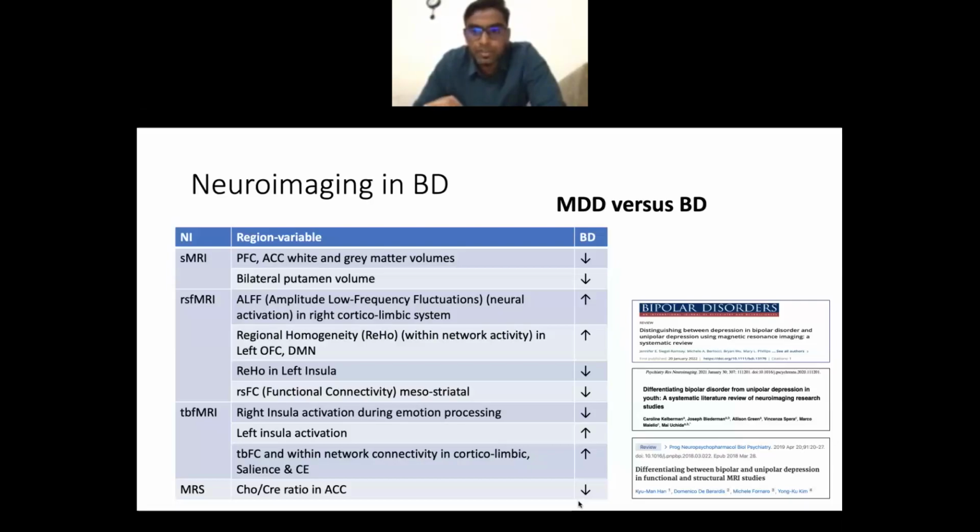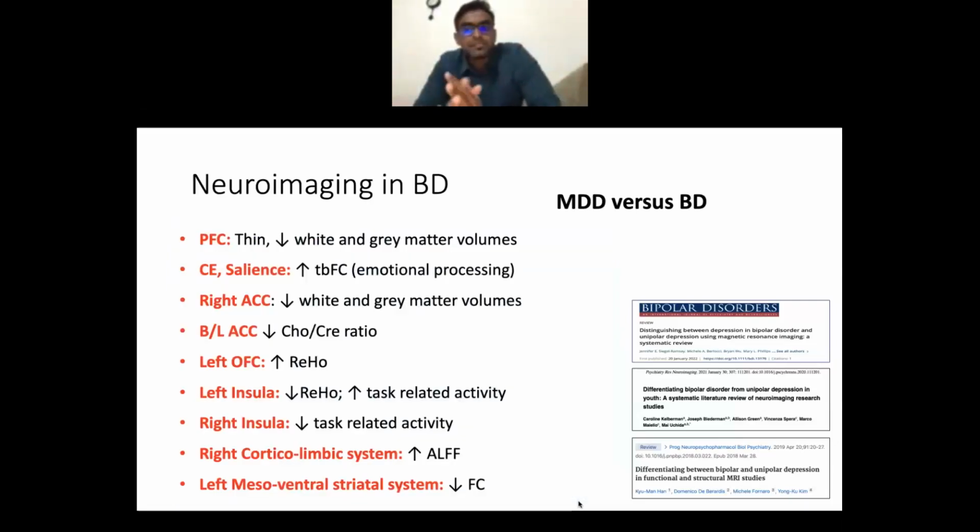Specifically, I would like to summarize these things, in terms of areas that are commonly found. Prefrontal cortex, conventionally, is the area where there is more research. It is found that in cases of bipolar depression, the prefrontal cortex is thinner than in cases of unipolar depression. So there are gray matter and white matter volume deficits in prefrontal cortex.